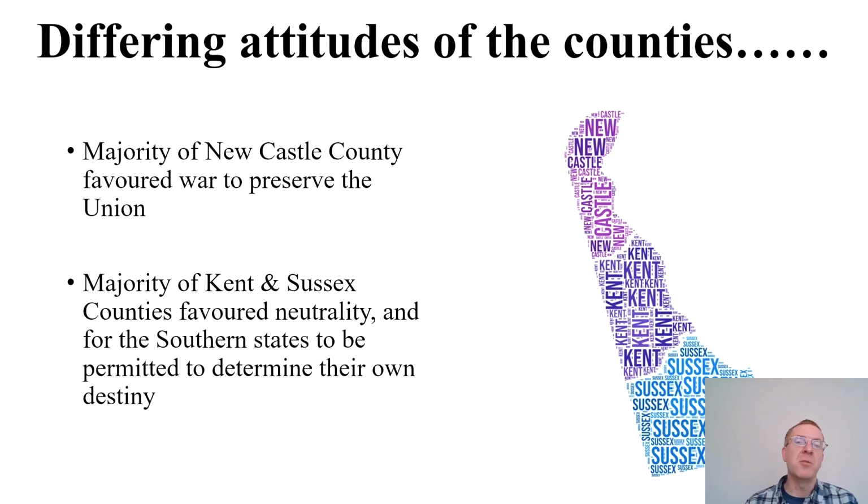So again, in Newcastle County, there isn't any real secession attitude there. Both Kent and Sussex, it seems like their hearts are definitely with the South in this upcoming conflict, but they don't seem willing to fight for it themselves. They seem to want to support it verbally, but they don't want to fight for it themselves.